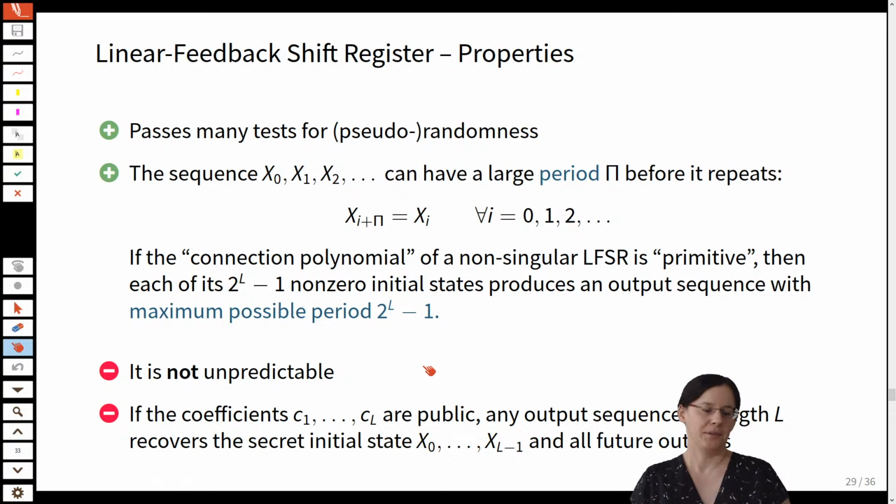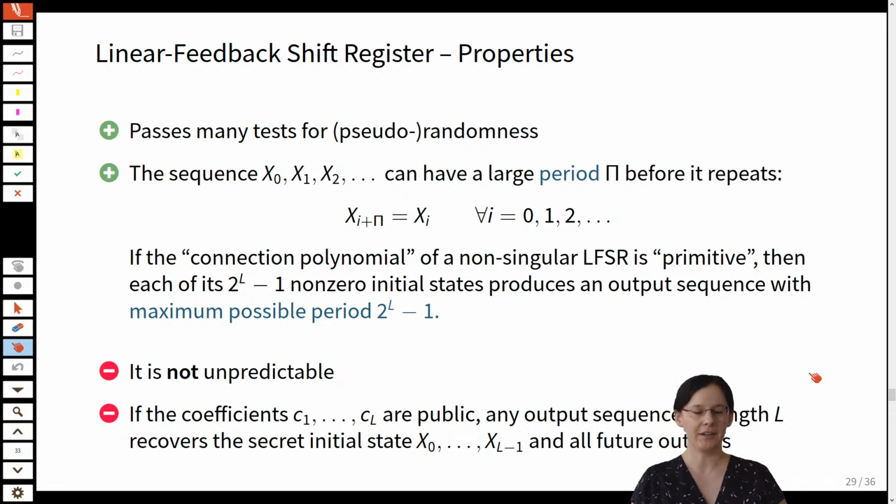But it also has some downsides. First, it's not unpredictable. If you ever know L bits of the state of the output, then you know the state it had at some point and can just continue computing from there, at least in the scenario where the coefficients are public. There have also been some designs where the coefficients are kept secret, but there are also algorithms to determine these coefficients given enough data.